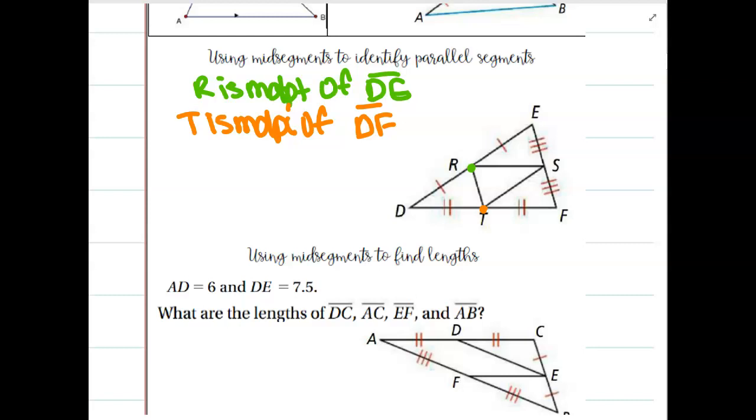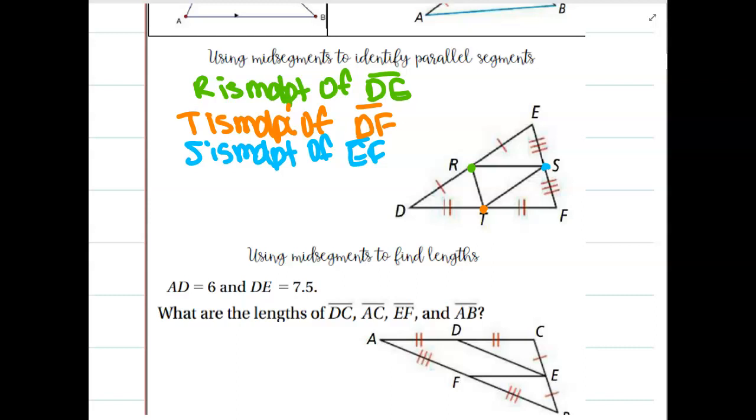And what's my other midpoint? S. Yeah, right there. S is the midpoint of EF. So I have 3 midpoints. Now, you're not always going to have 3 mid-segments. In this case, we do. Sometimes you're just going to have 1 mid-segment. But in this case, I have 3 mid-segments.